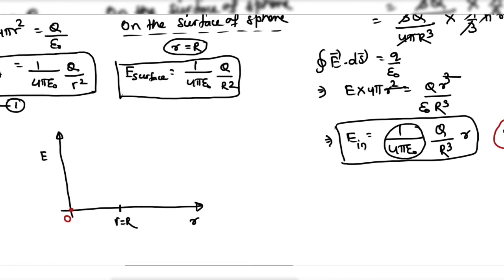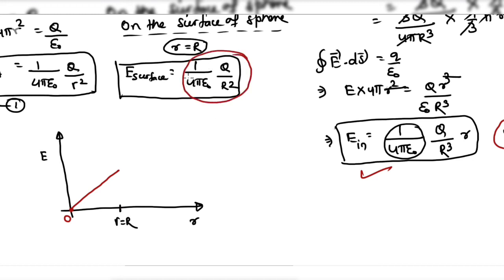So from this point up to this point, electric field will increase with distance, because this is the expression. Is that clear? Now when you reach the surface of the sphere, then this is the electric field.